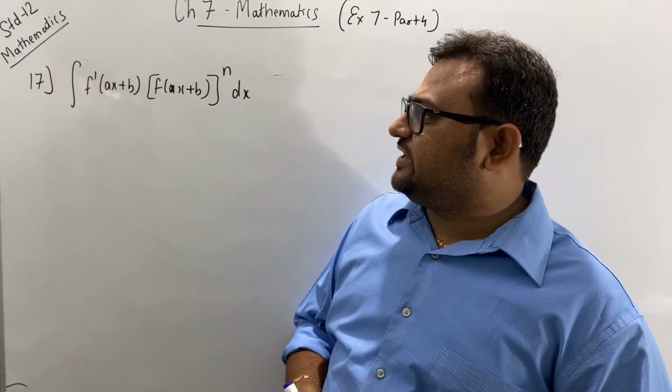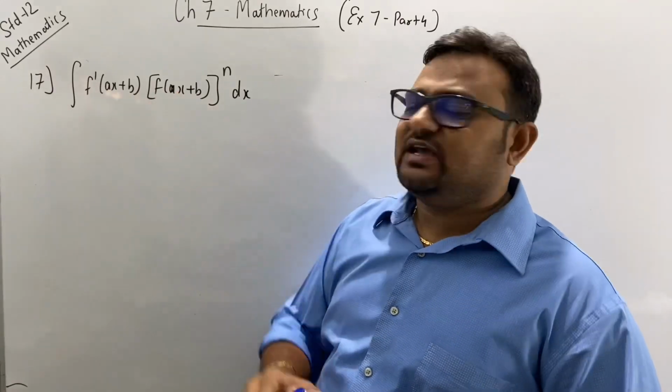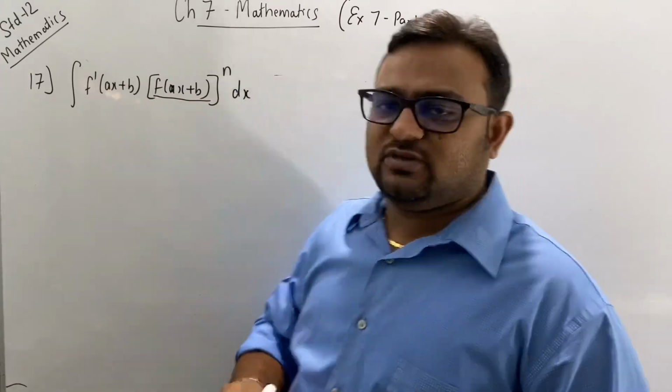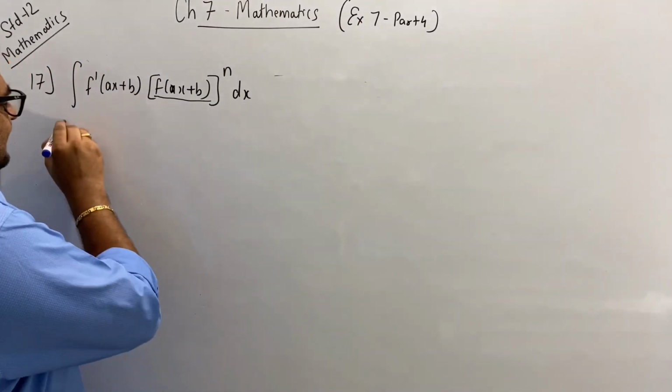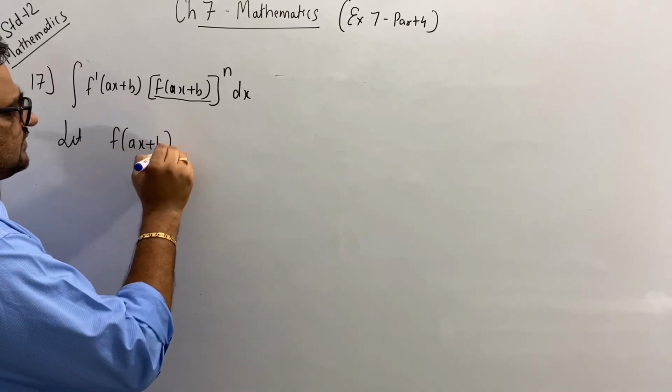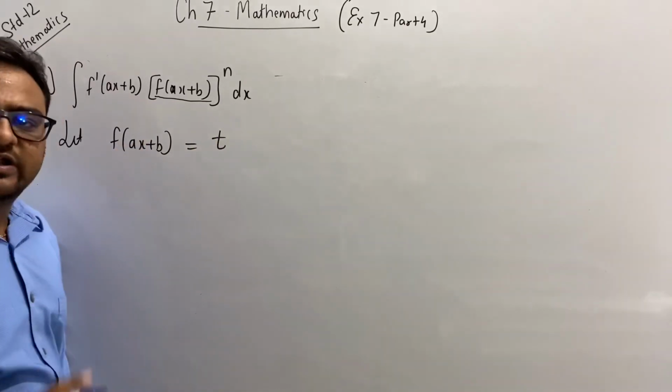Now see, here it is f dash ax plus b and here it is f of ax plus b. So what I can do is assume this: let f of ax plus b equal to t.